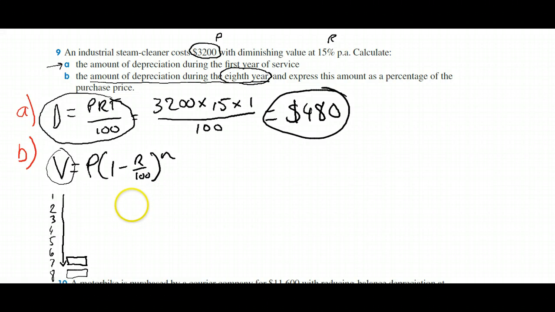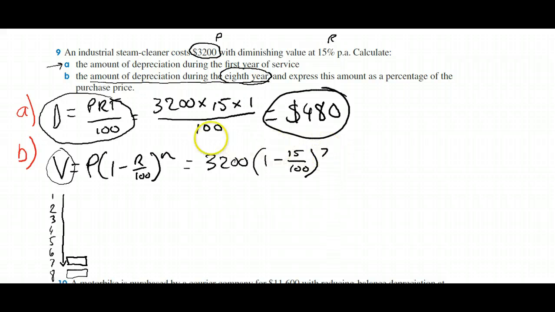So let's do that. So in this equation we're going to put principal is 3,200, 1 minus R is 15, and that's over 100, and it's to the power of 7. There's going to be 7 years.